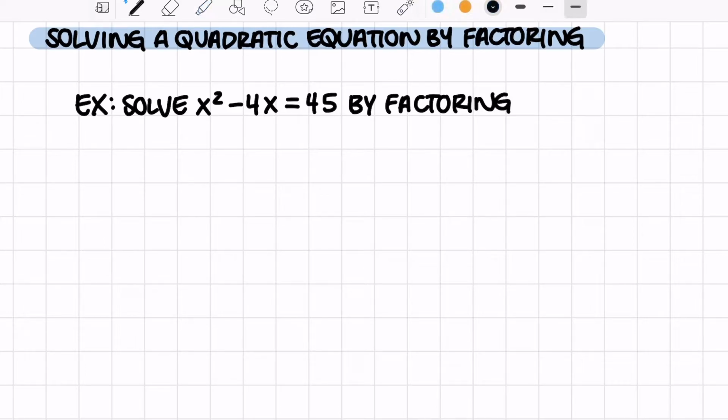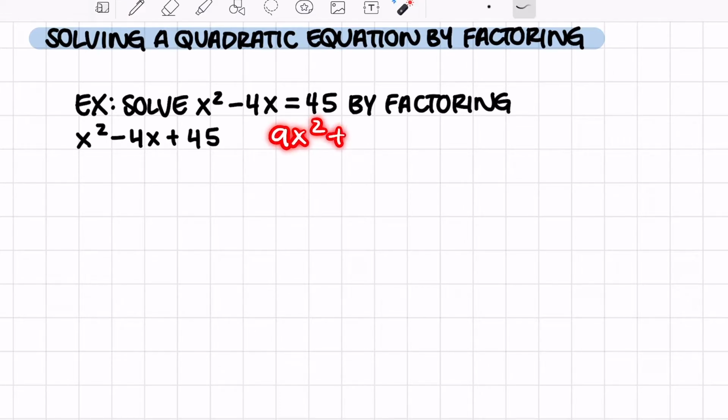So right here, I want to first start off by creating the ax squared plus bx plus c format. Right now, it's not in that format. Oops, sorry, that was supposed to be 4x equaling 45.